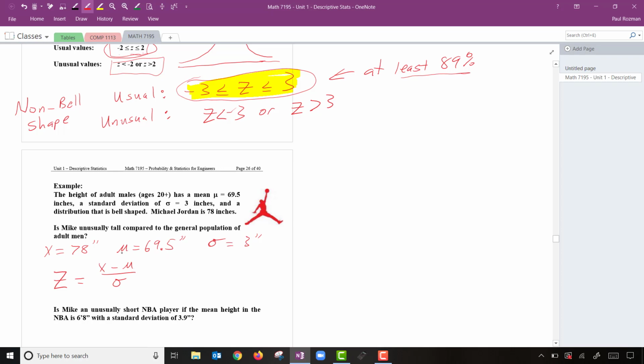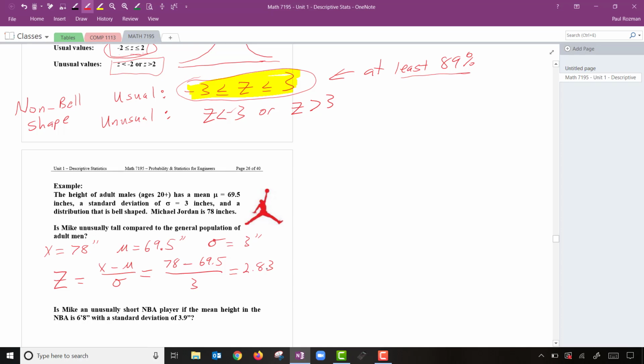So I'm okay to use mu and sigma here. Mike is 78, the mean is 69.5, the standard deviation is 3. Notice how the numerator is inches, the denominator is inches, so that will all cancel out, and we get a number of 2.83.